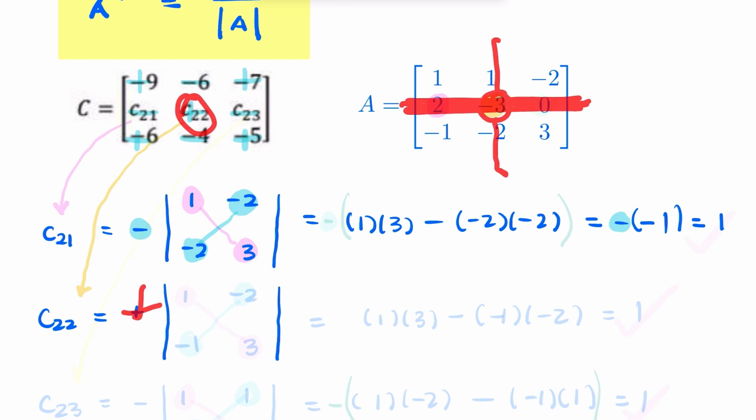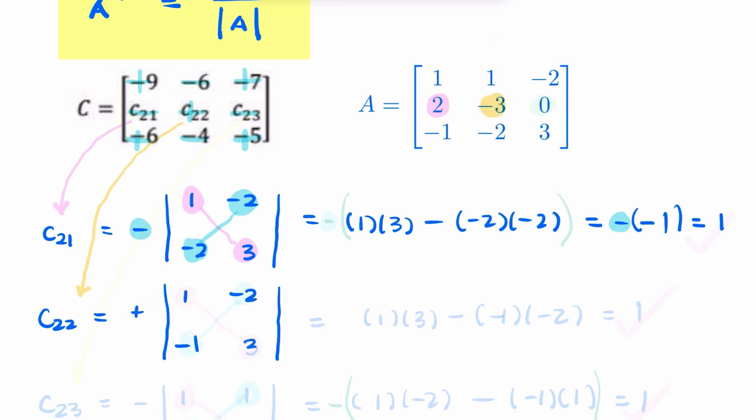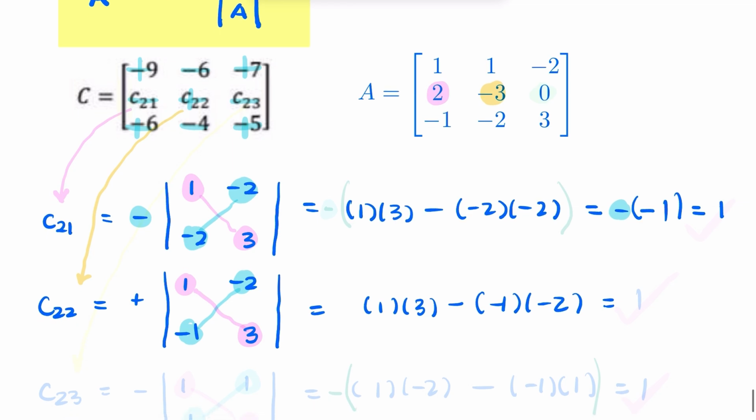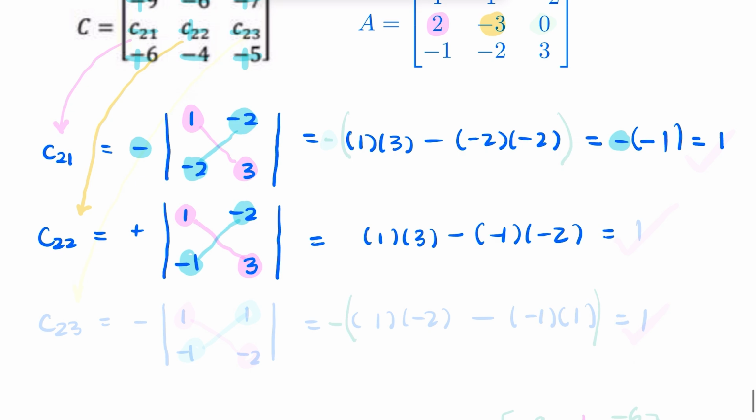So the determinant of the remaining elements, 1, negative 2, negative 1, and 3, is simply the difference of the products of the diagonal elements. So we multiply the 1 and the 3, and then subtract from that negative 1 times negative 2. So that's 3 minus 2, which is 1.